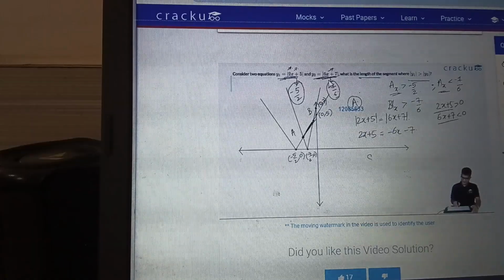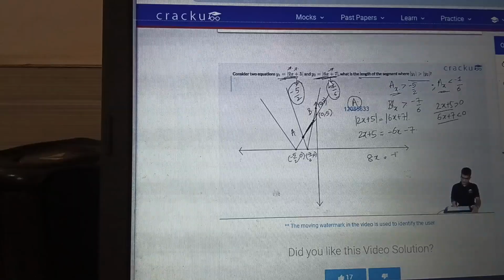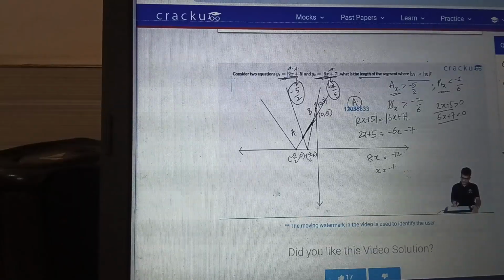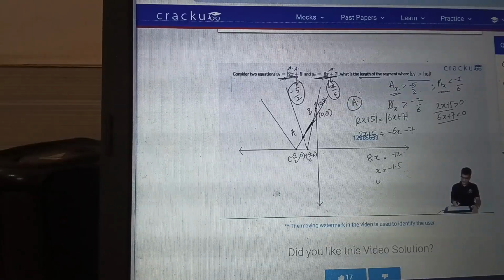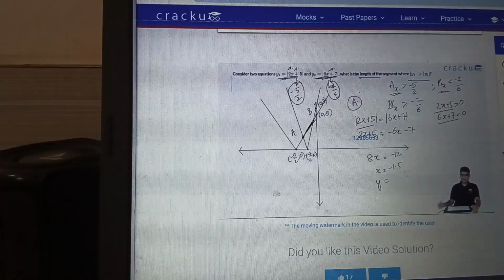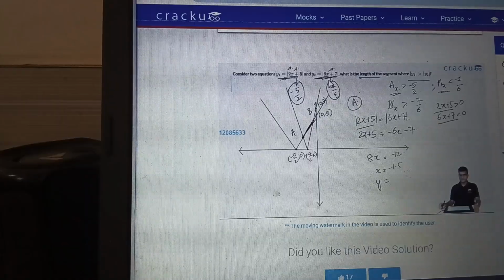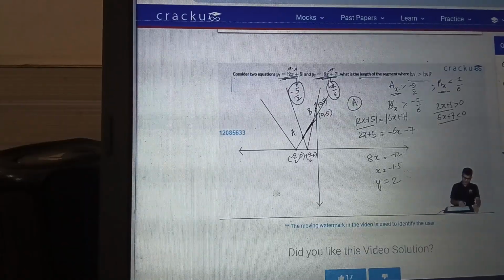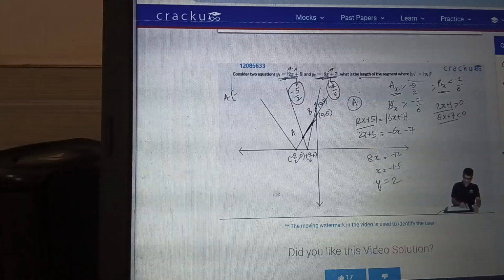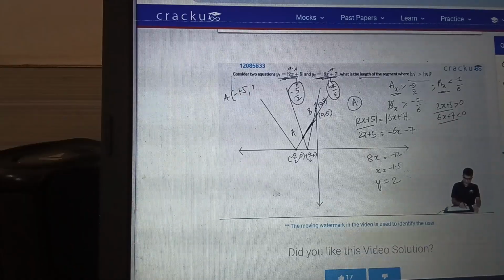Or the value of 8x is equal to minus 12, or the value of x is equal to minus 1.5. Then what is the value of y? Y will be equal to modulus of 2x plus 5. 2x is minus 3 plus 5 is equal to 2. So the value of A, the first coordinate which is to the left, is minus 1.5, 2.